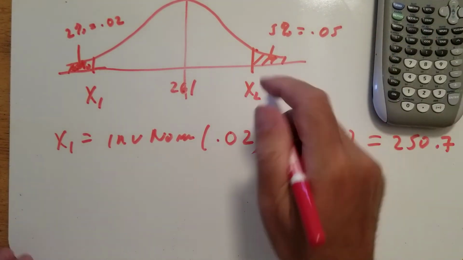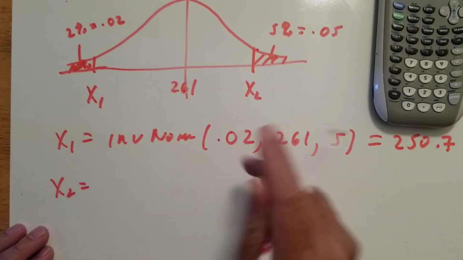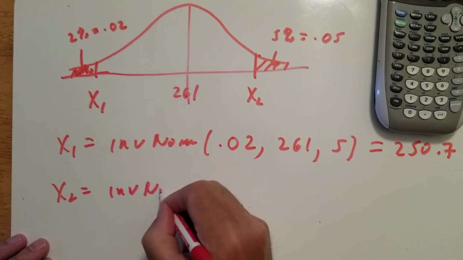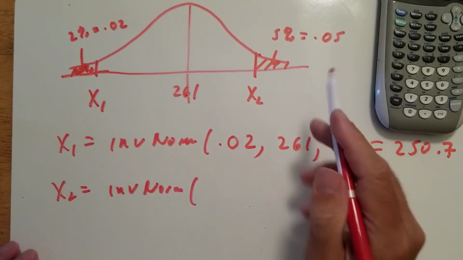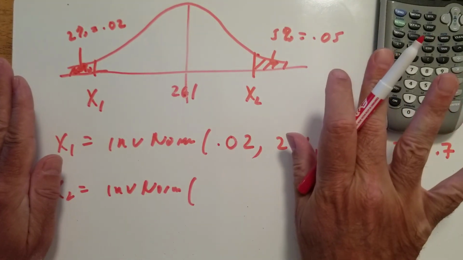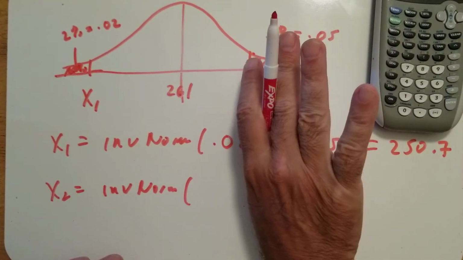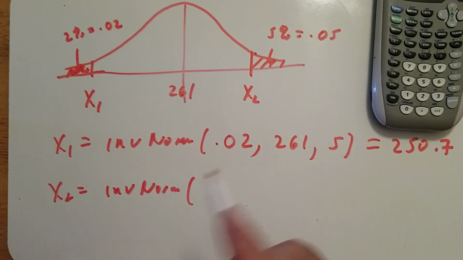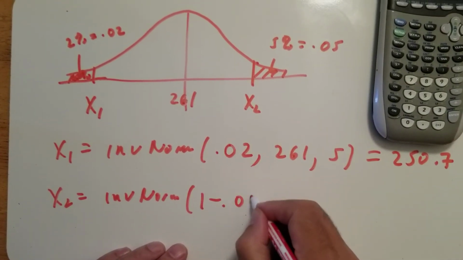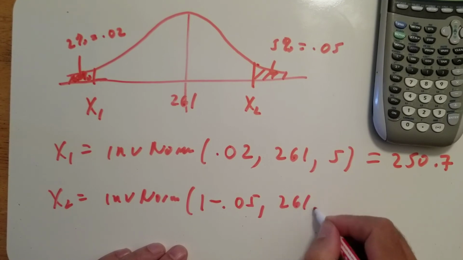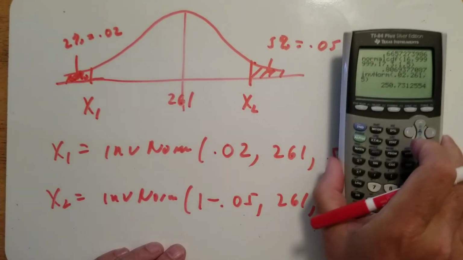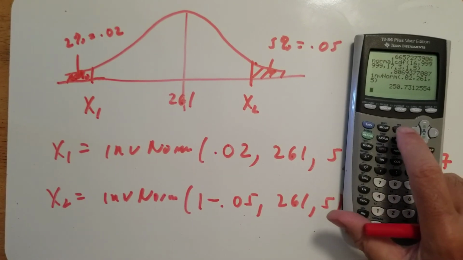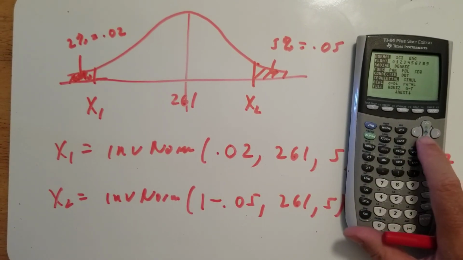Now the other one, the x2, the top 5%, this time the 5% is the area to the right. Remember that the total area under the normal distribution curve is 1. So if 0.05 is the area to the right, then 1 minus 0.05 is the area to the left. Let me just do this one with the stat wizard off, because I don't think I did an InvNorm with the stat wizard off yet.